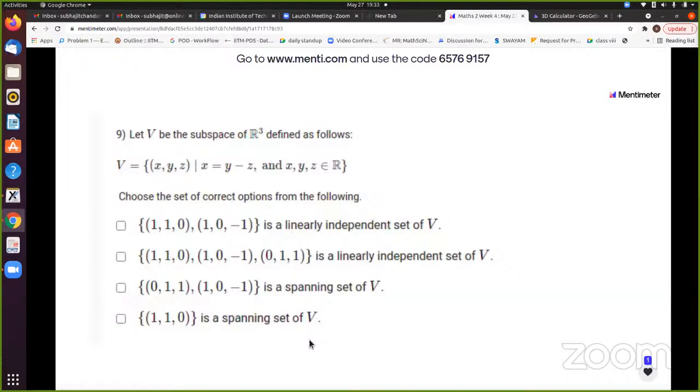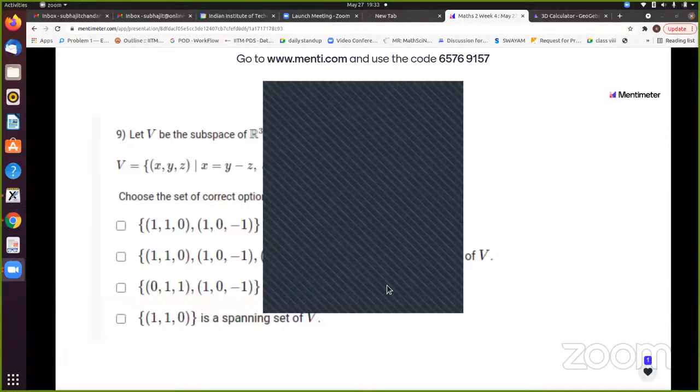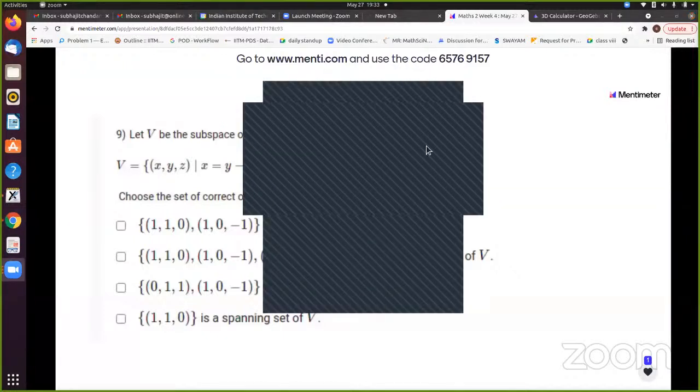You know how to check linear dependence and independence, and you know how to calculate the span of a set. So x minus z is equal to, to understand the spanning set.